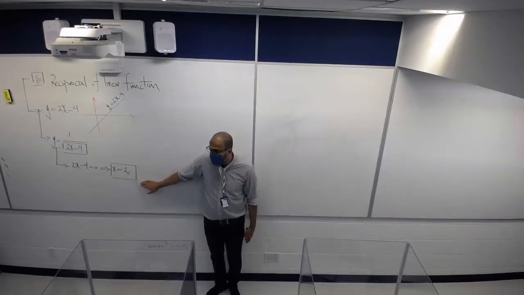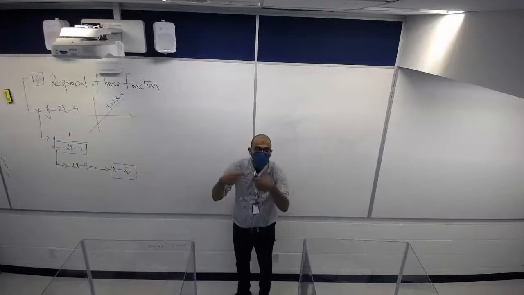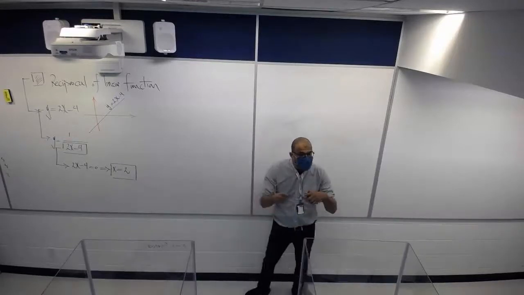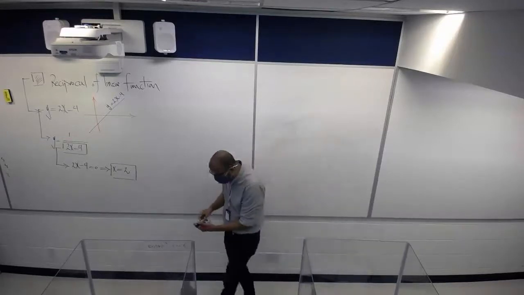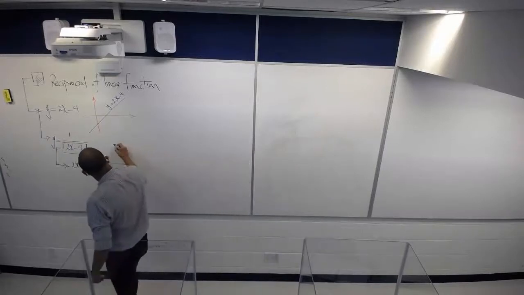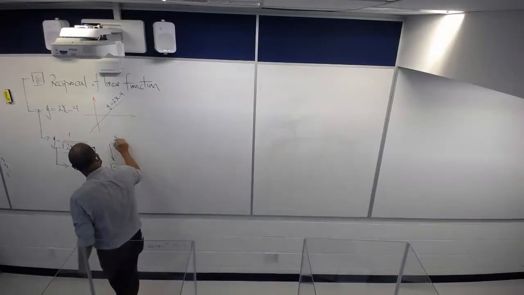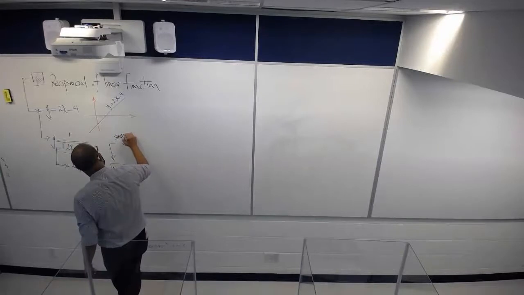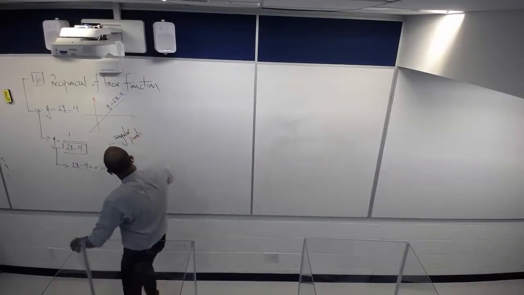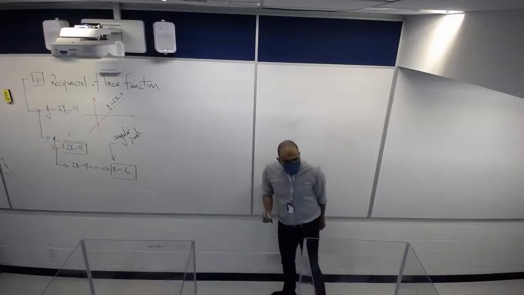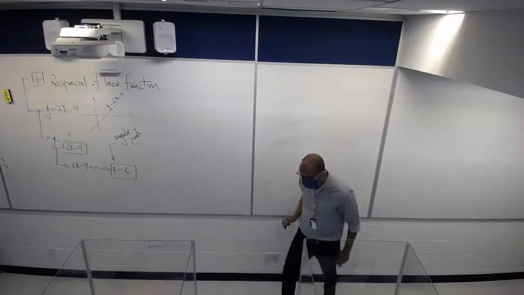Restriction, huh? Or essentially we're going to call it from now on the singular points, because when you go to the calculus, you're just going to call these singular points. We got the singular points by taking the denominator goes to 0.